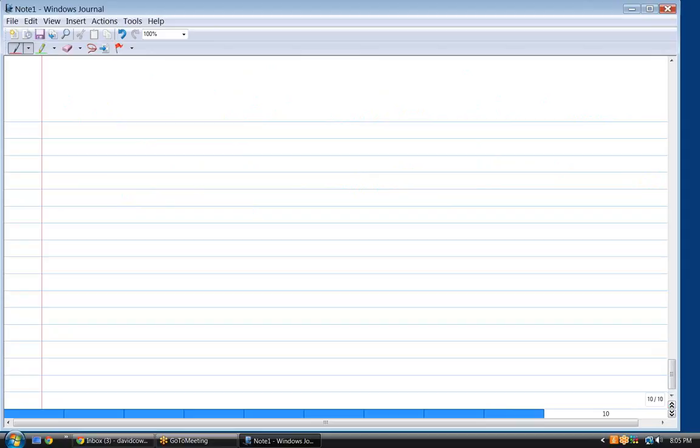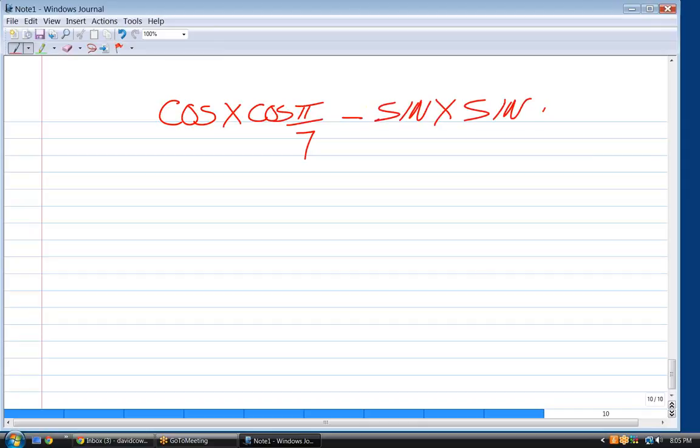The next one here is cosine x, cosine pi over 7 minus sine x, sine pi over 7.